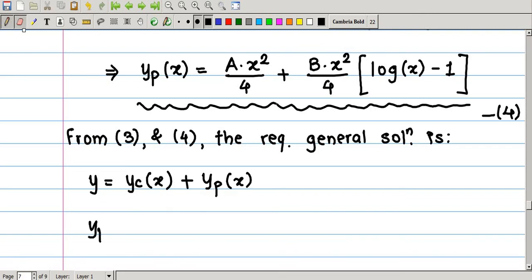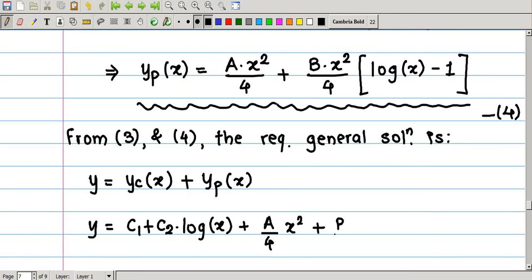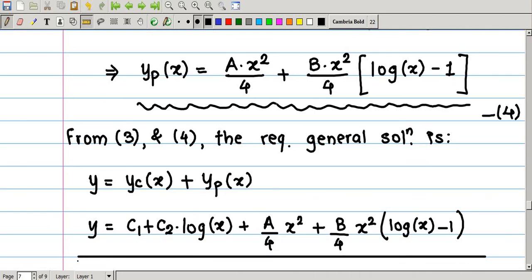That is, y is equal to c1 plus c2 into log x is your complementary function plus a upon 4 x square plus b upon 4 x square into log x minus 1 is the required particular integral. So in this way we have found the required general solution.